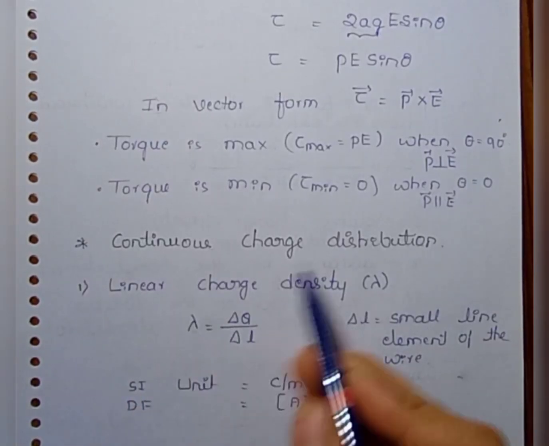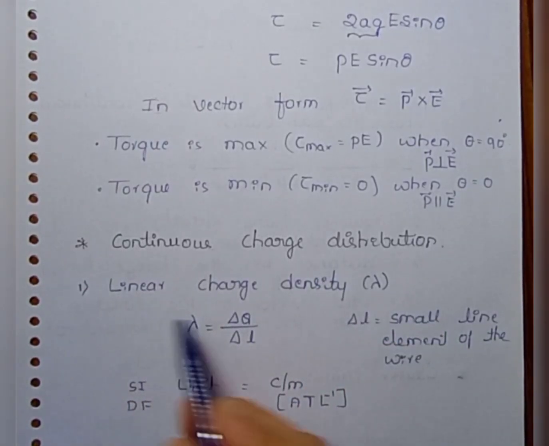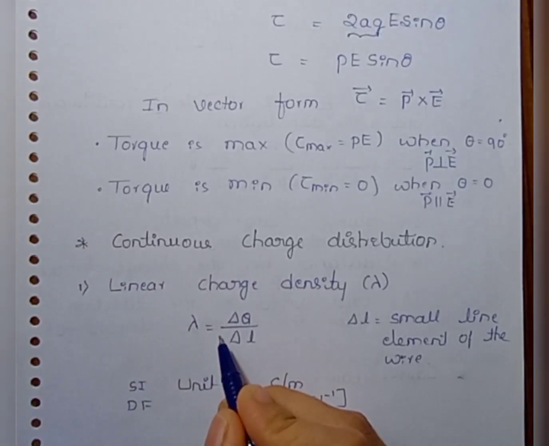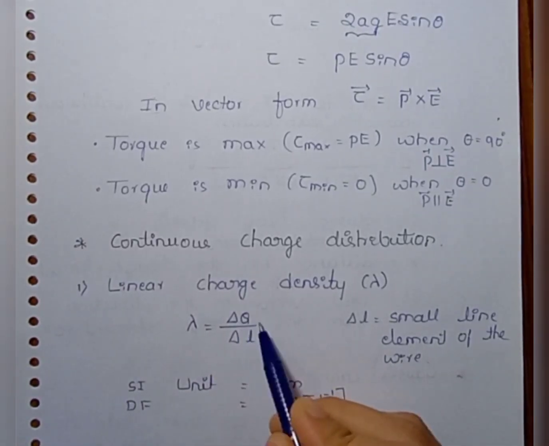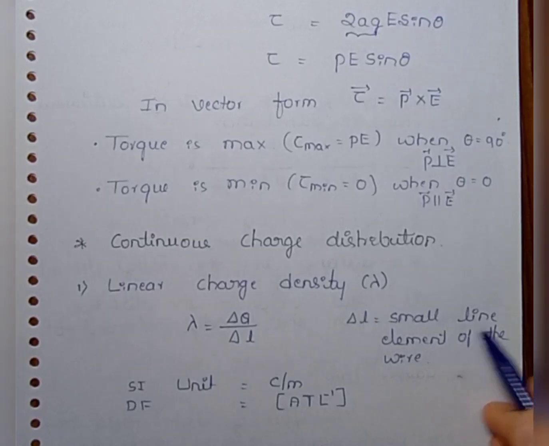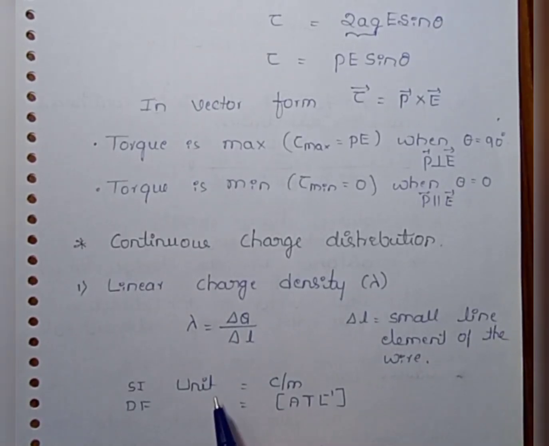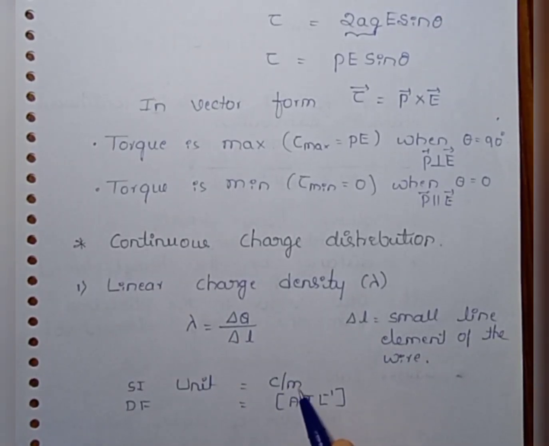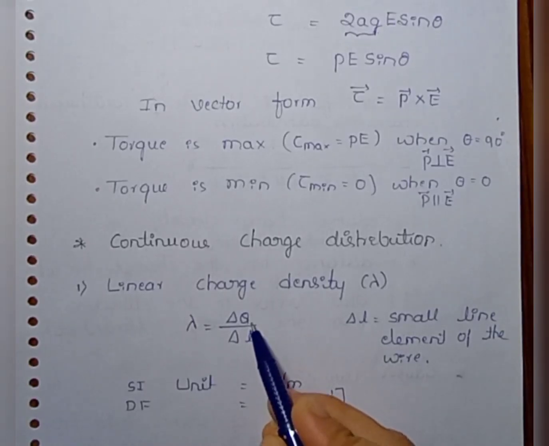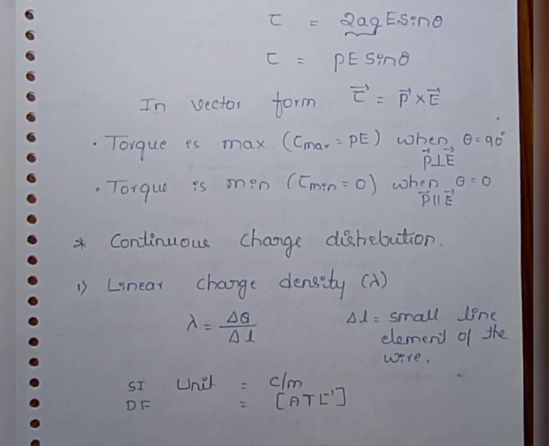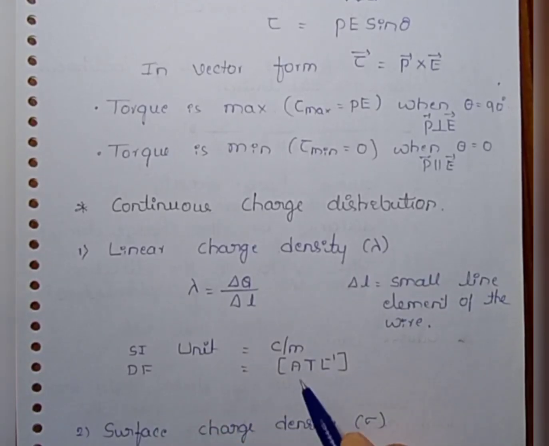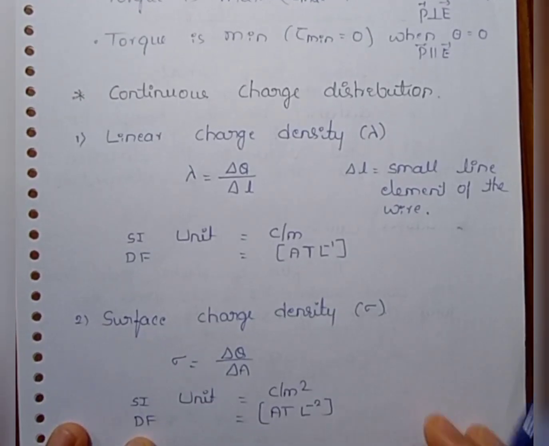Next concept, it is continuous charge distribution. Here first one, it is linear charge density. It is the ratio of delta Q divided by delta L. Here delta L is the small line element of the wire. SI unit of linear charge density is coulomb per meter. The dimensional formula can be written as ATL minus 1. Next one, it is surface charge density. It can be defined as delta Q divided by delta A, where delta A is the small area element.